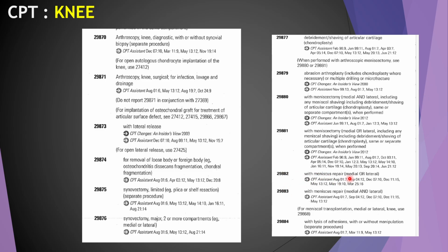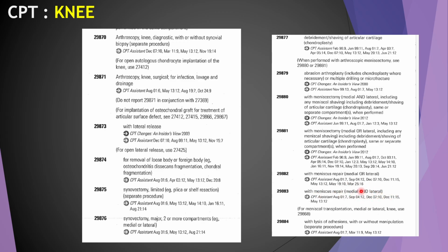Now the meniscus repair 29882, that is arthroscopy knee surgical with meniscus repair, medial or lateral. Now 29883, that is an arthroscopic knee surgical with meniscus repair, medial and lateral. Same rule.